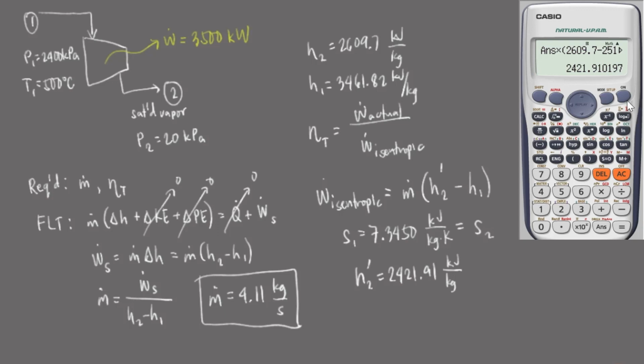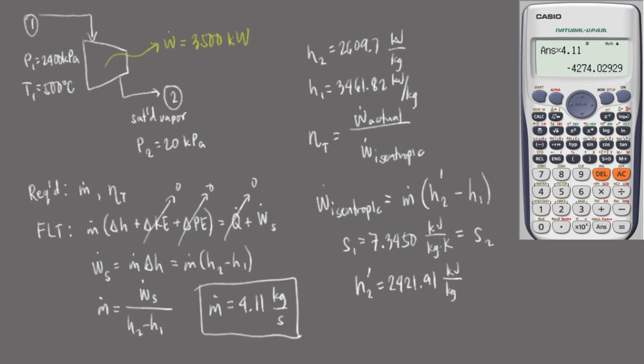Solving for our isentropic work, we have our H2 prime, subtract that to H1, 3461.82, and multiplying this to our mass flow rate, 4.11 kilograms per second, we have our isentropic work, negative 4,274 kilowatts. That is higher than that of our actual work. Remember that the negative sign here implies that the turbine is generating the work.